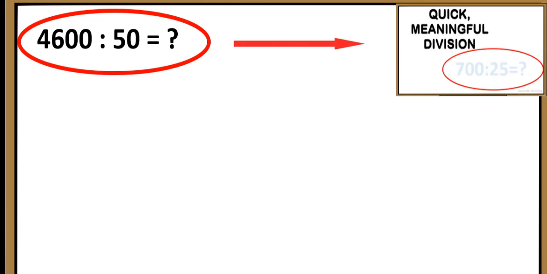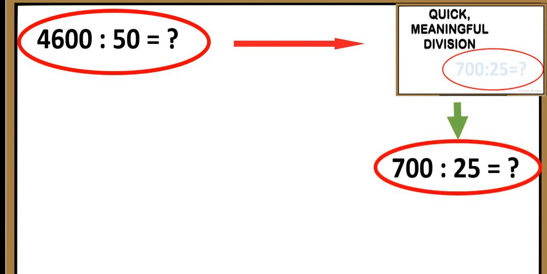As you all have seen in tutorial number 1, to answer problem number 1, there is a quick meaningful division. We have done it for the problem 700 divided by 25.